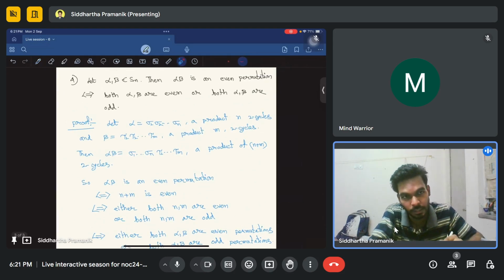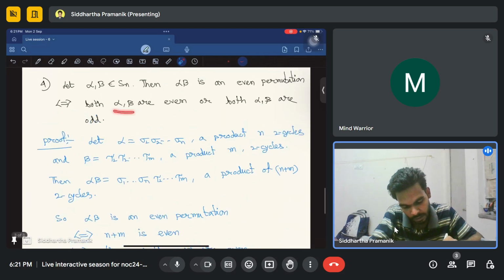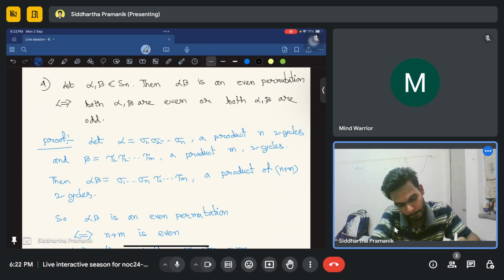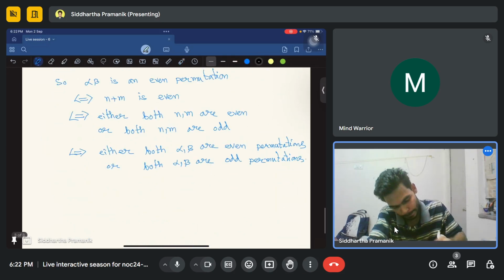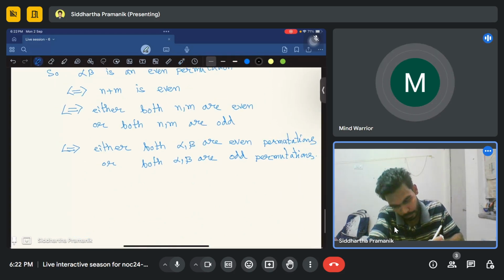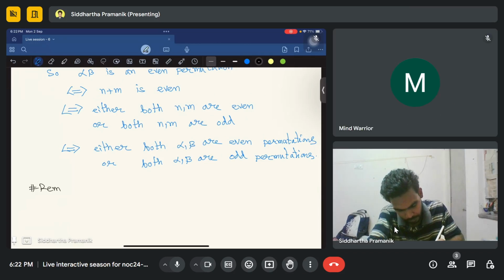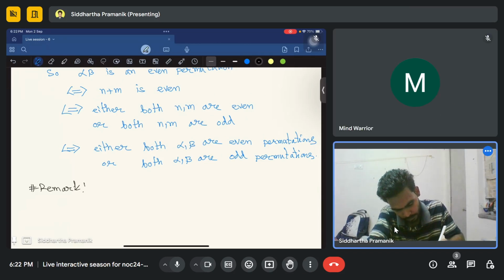So this product is even if and only if both alpha, beta are even or both alpha, beta are odd. Now the question is, when is this product odd? When one is odd and one is even, so both cannot have the same sign.